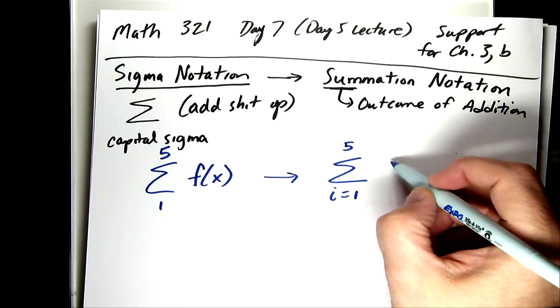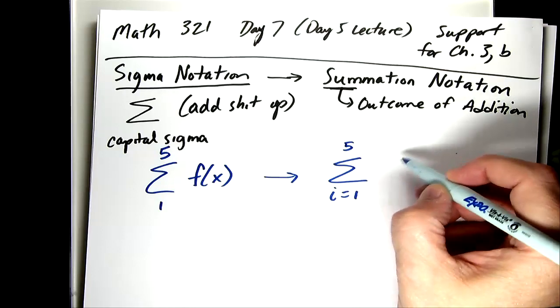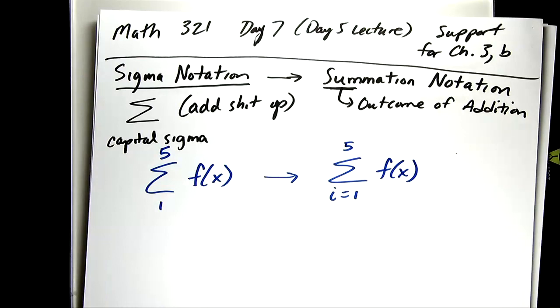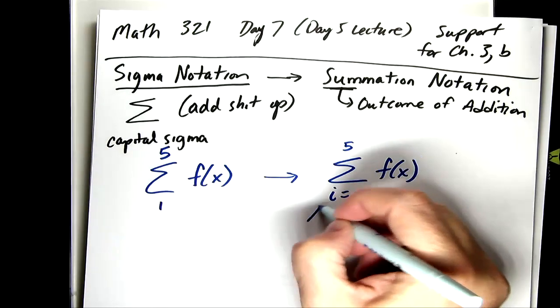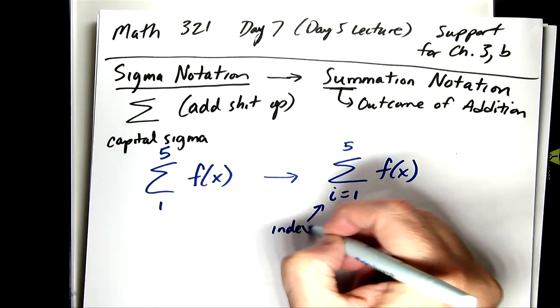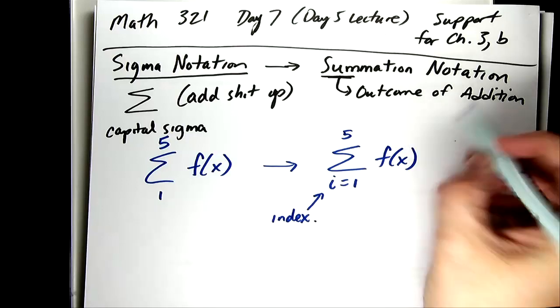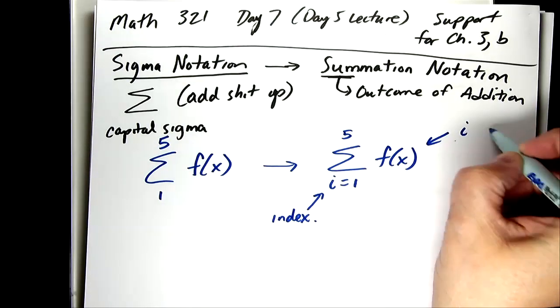And they'll have something else, some kind of function in here. The i is called the index. And you'll see where i will show up in the function. There will be an i in it.